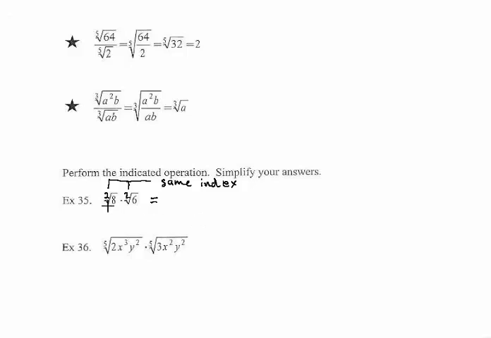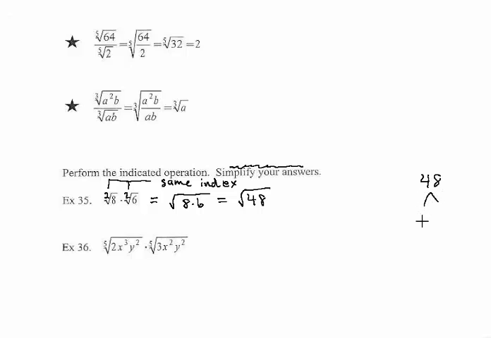Alright, so we have a square root, and we just write 8. We multiply the radicals and put that inside of a single square root. And so what we have here is a square root of 48. Now we're told to simplify our answers also.